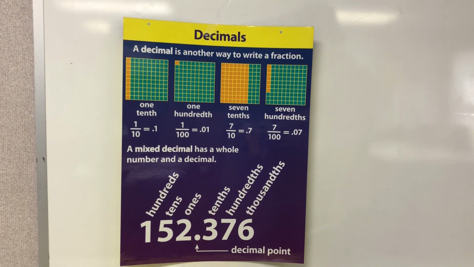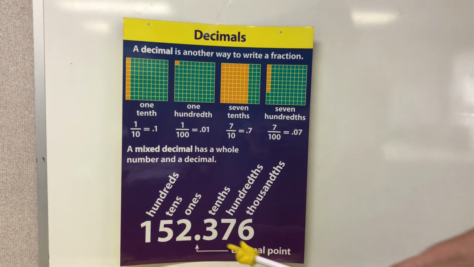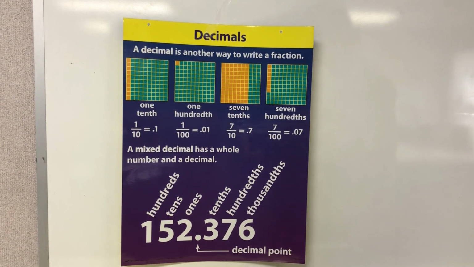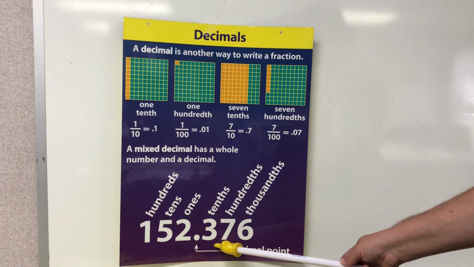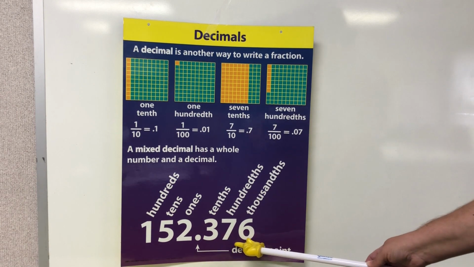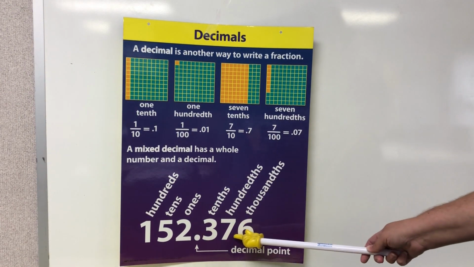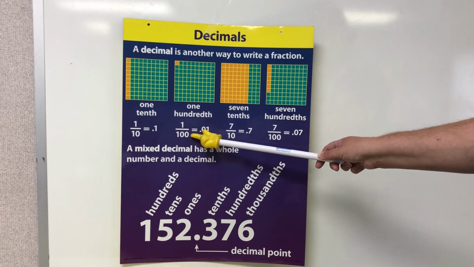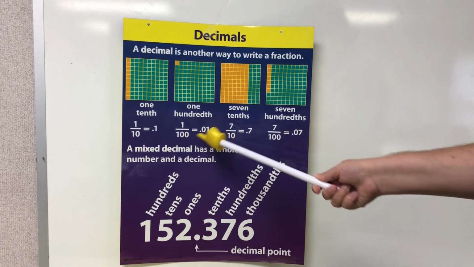You have place values just like we do for the ones, tens, and hundreds column. You have tenths, hundredths, and thousandths. So the first place value after the decimal is tenths, and it would be 3/10. Our second place value is called hundredths, and it would be 37/100ths, or 1/100 would be 0.01 with your decimal before it.